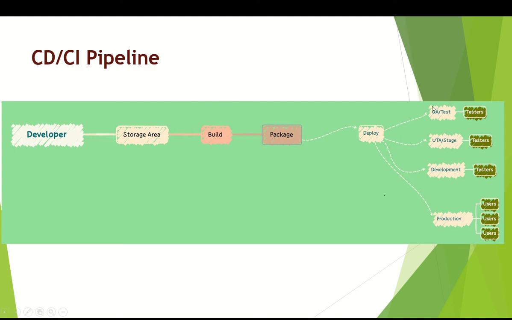A test environment is nothing but servers, whether cloud or on-prem. Even staging servers, development servers and production servers are all just servers. The DevOps engineer will deploy that package to the server, and testers will test that code. If everything is fine, it will be pushed to production.